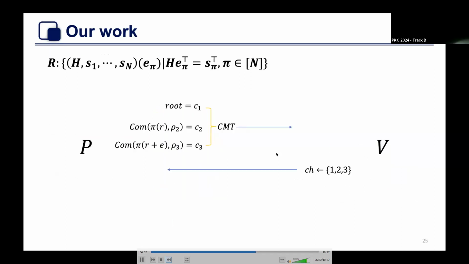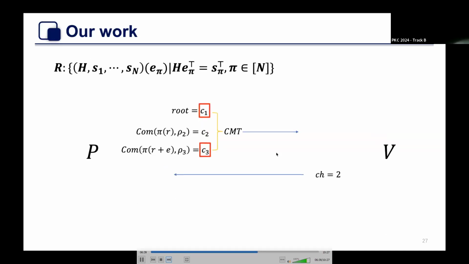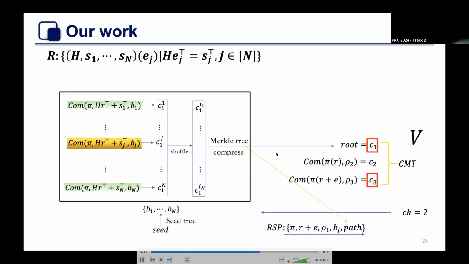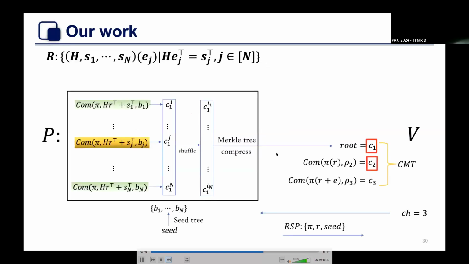If it returns 2, then the prover opens C1 and C3 by sending pi, r as E, row 1, b, and the path of the Merkle tree. If it returns 3, then the prover opens C1 and C2 by sending pi, r and the seed.